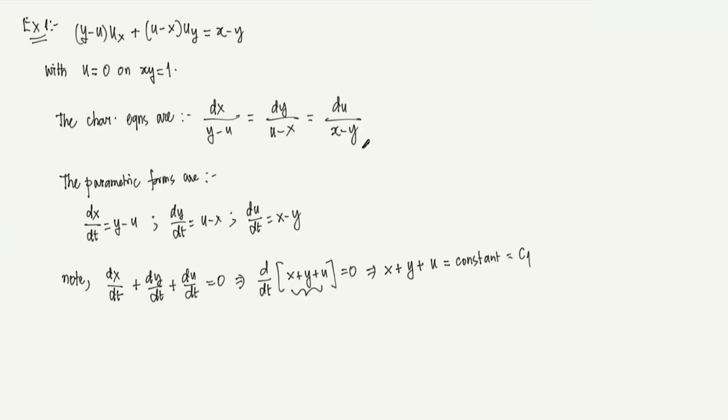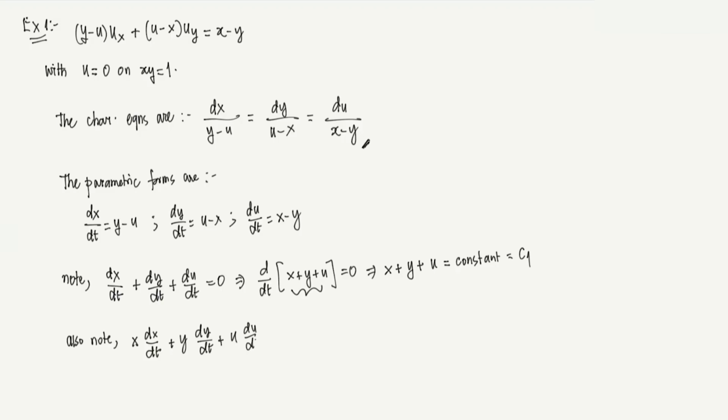Also note that this is true: x dx/dt plus y dy/dt plus u du/dt is 0. In this sort of problem, you have to make these small observations to make your life easy.